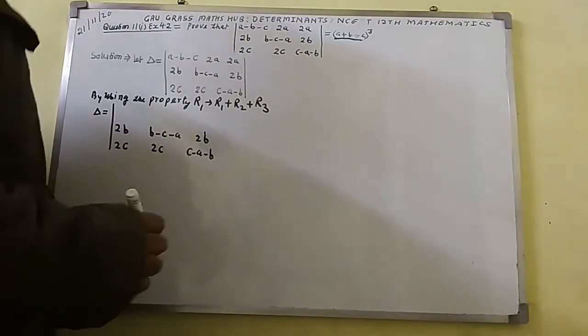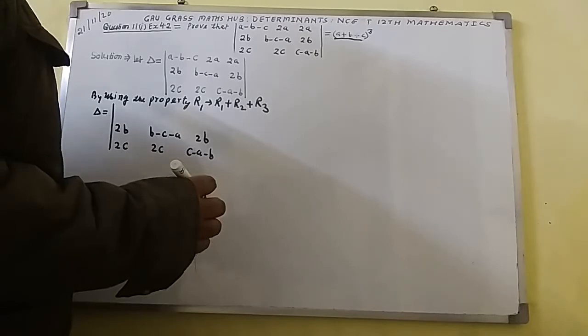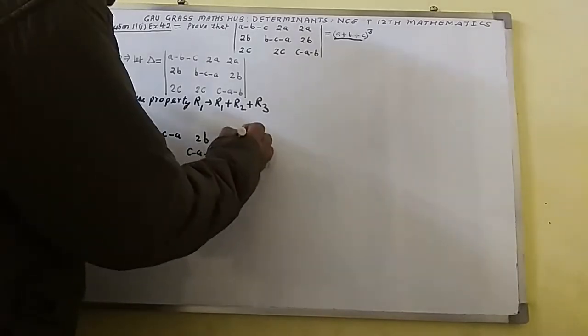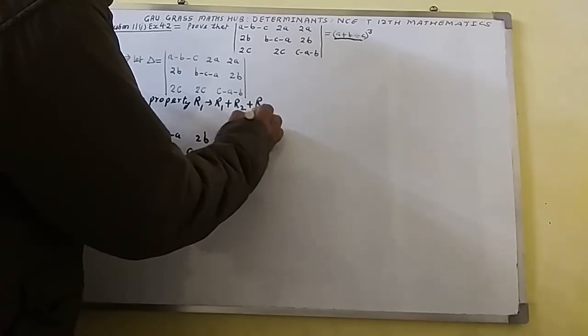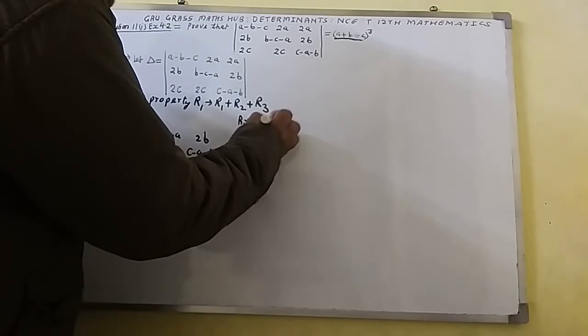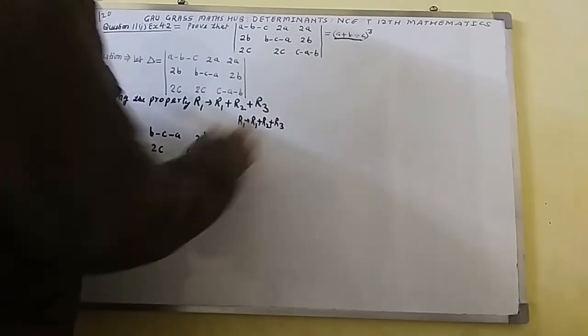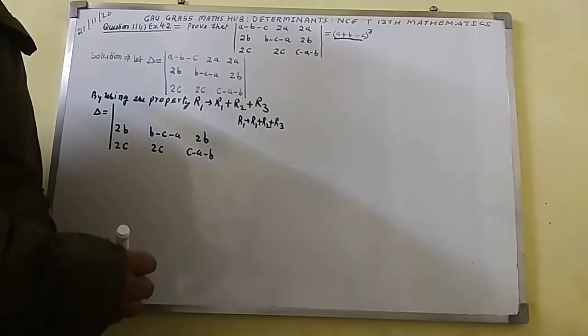Now let us see what changes will occur in the first row. Here I shall write R1 goes to R1 plus R2 plus R3. For this I shall use rough work.